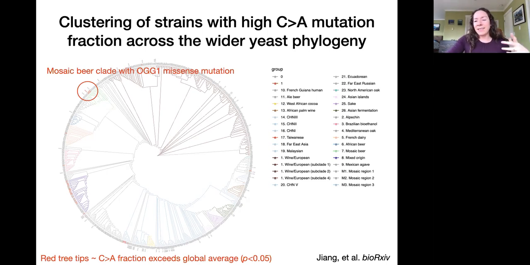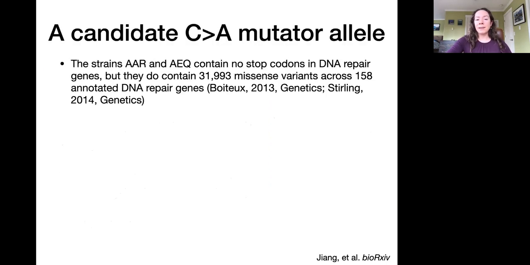And a really exciting thing is that this clade actually contains a missense mutation in the gene OGG1 relative to the standard lab yeast, and OGG1 is an interacting partner of MUTYH in the same 8-oxo-G repair pathway.